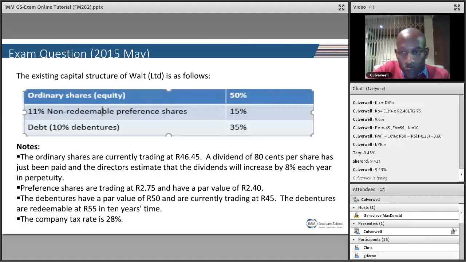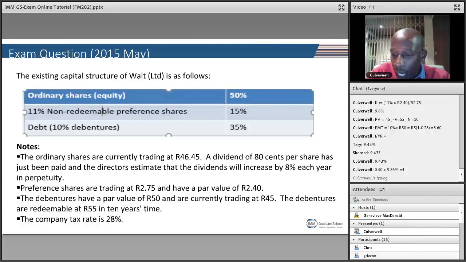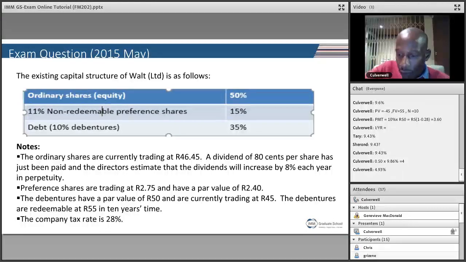On ordinary shares, I would say 50%, and I'll bring the 50%, the weight, expressed as a decimal, so I'll say 0.50, multiplied by the respective cost of ordinary shares, which we said is 9.86%. 0.5 multiplied by 9.86 gives you 4.93%.